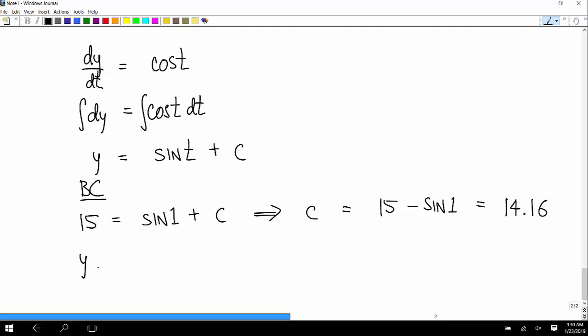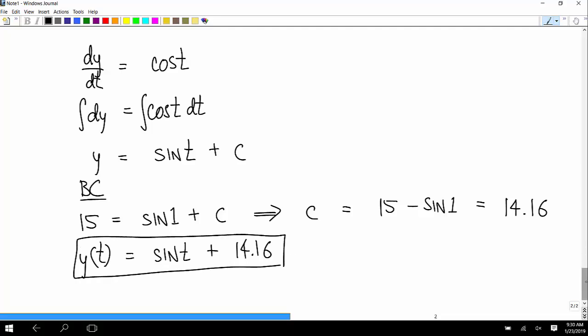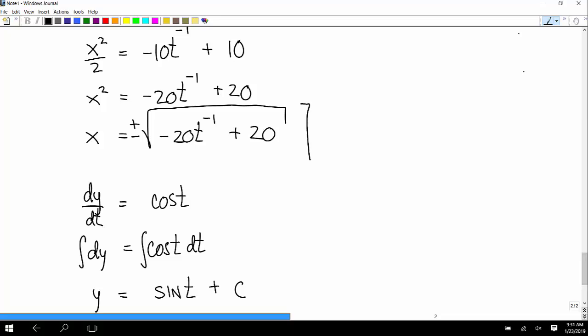So y as a function of time is equal to sine of t plus 14.16. Any questions about that one? Any other homework questions?